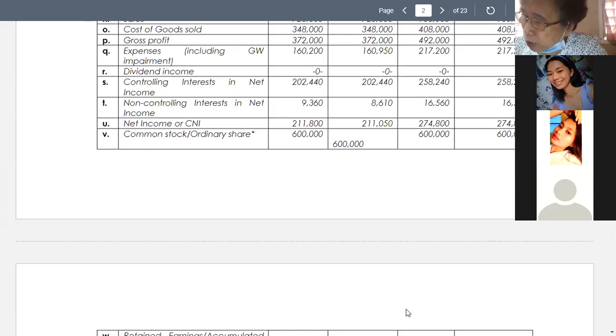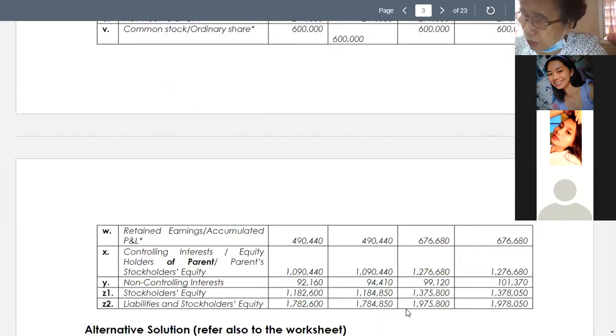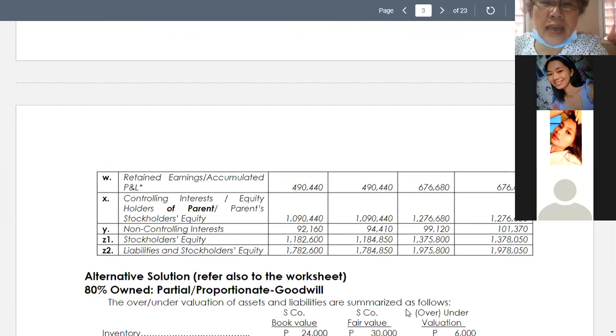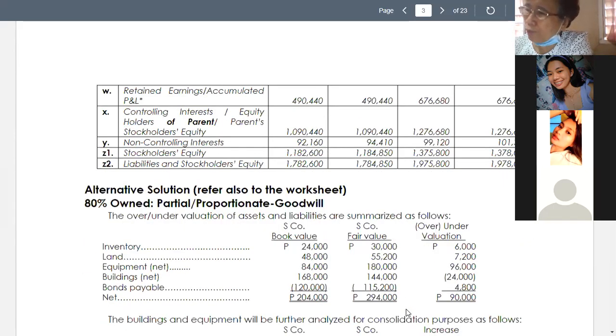Then letter W, retained earnings or the accumulated profit or loss. So for retained earnings, we have the amount of 490,440. How did we get this?